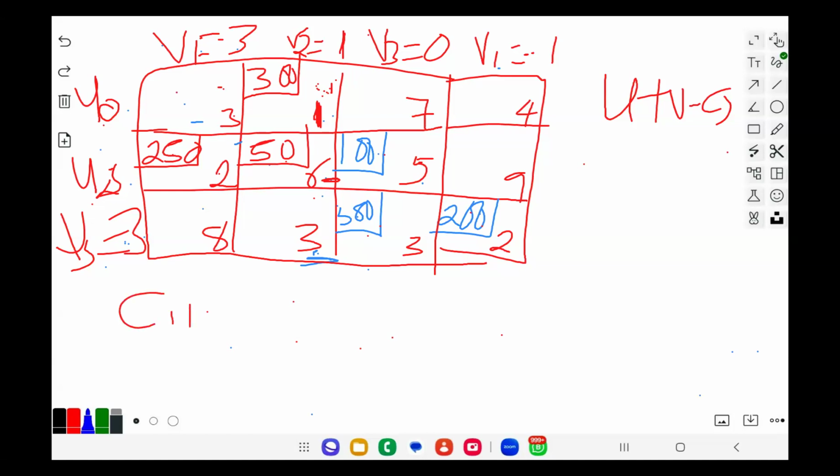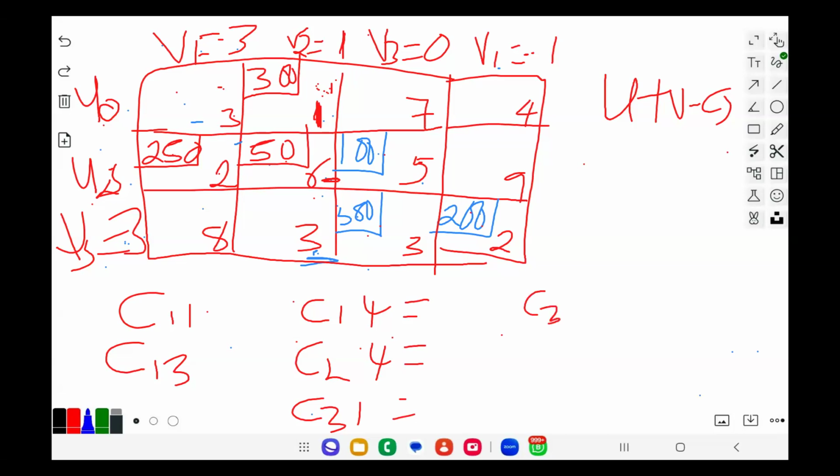This is C11 on 3, then on 7 it will be C13, on 4 it will be C14, on 9 it is C24, on 8 it is C31, and on 3 it is C32. Then let's do the penalties quickly.